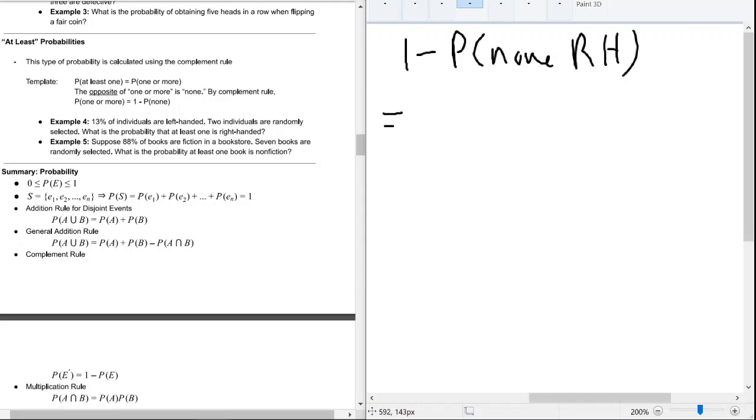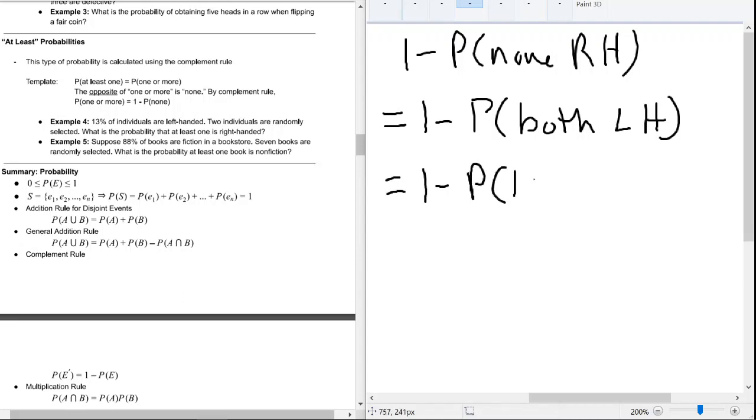So then we have 1 minus the probability that both are left-handed. And there was a similar problem in this section whenever we saw the word both left-handed. If 2 individuals are left-handed, that means that the first person is left-handed and the second person is left-handed.